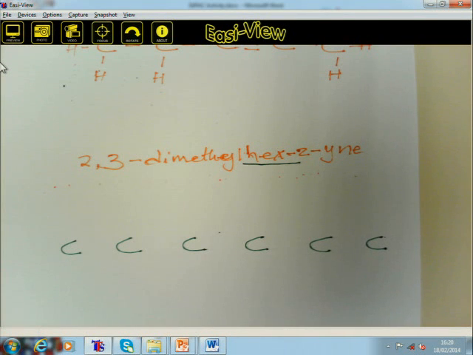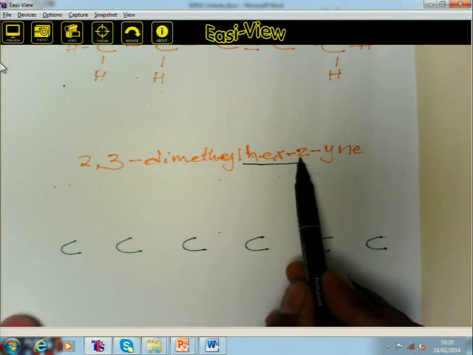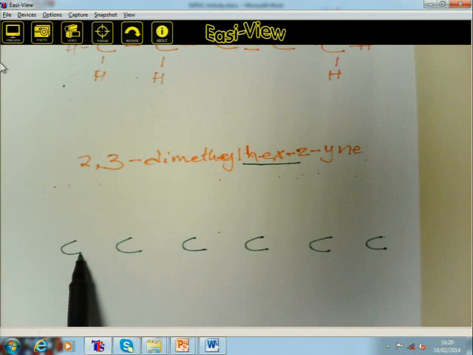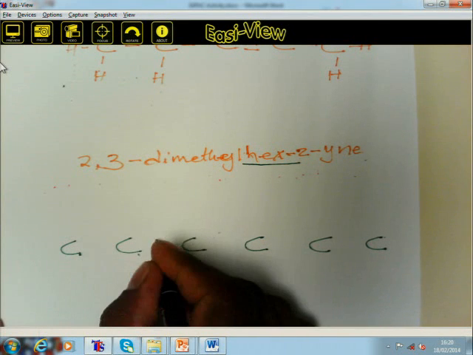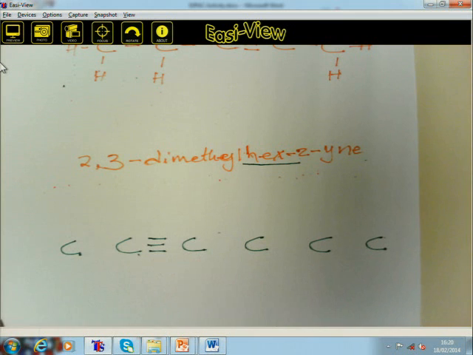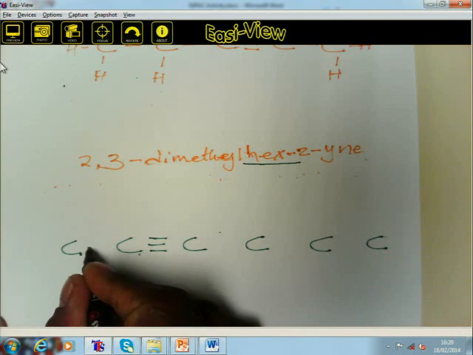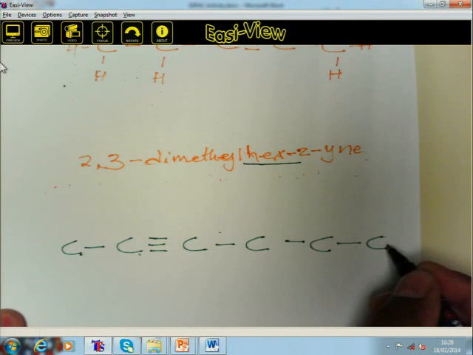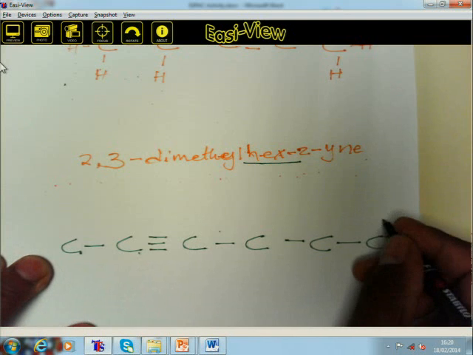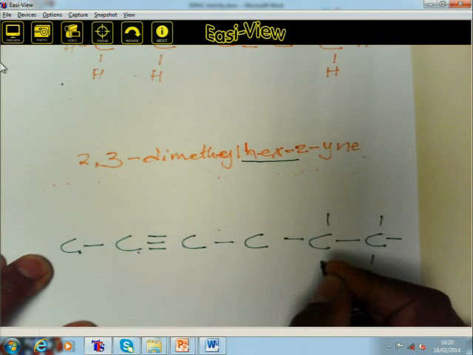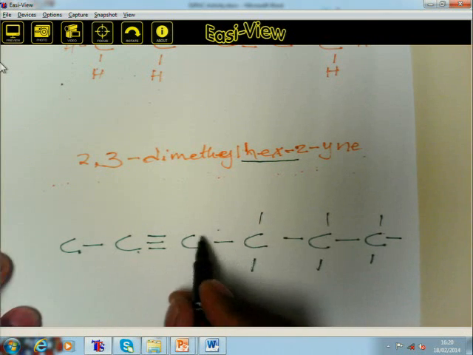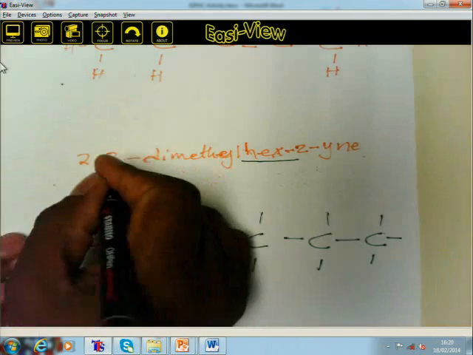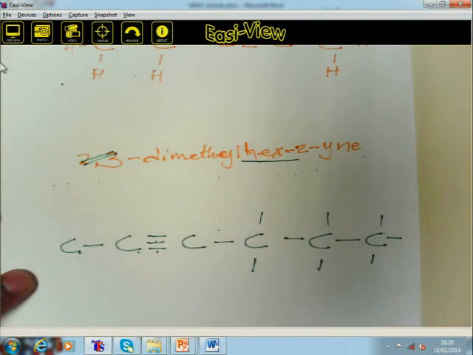All right? And then you check. After carbon number 2, I've got a triple bond. Between carbon number 1 and number 2, I need to put the triple bond there. And then the rest of the bonds will be single bonds. Single, single, single, single. And then the other bonds there, 1, 2, 3, 4. Therefore, we need to swap that around so that it doesn't cause confusion.